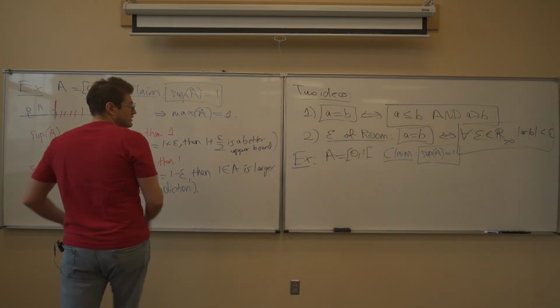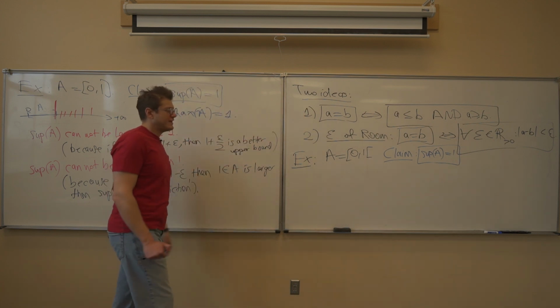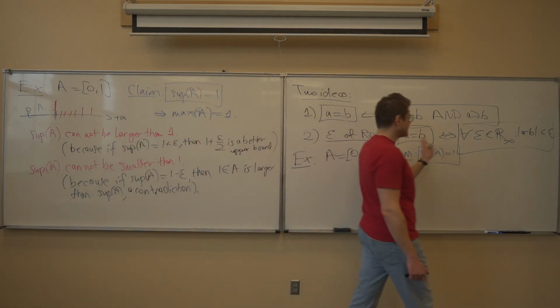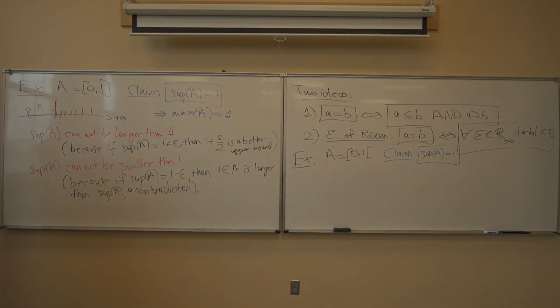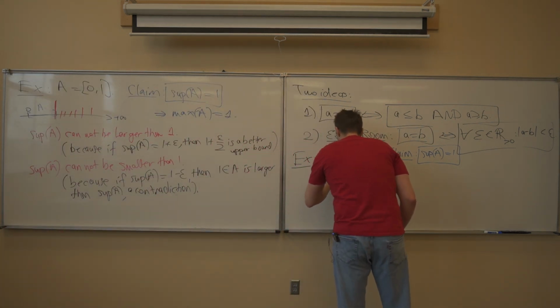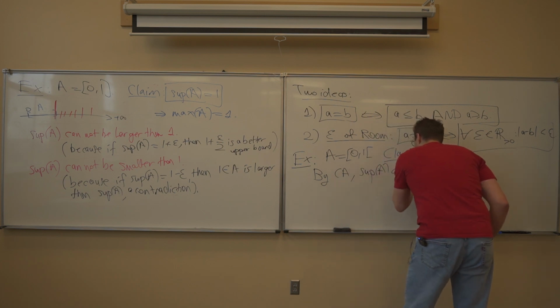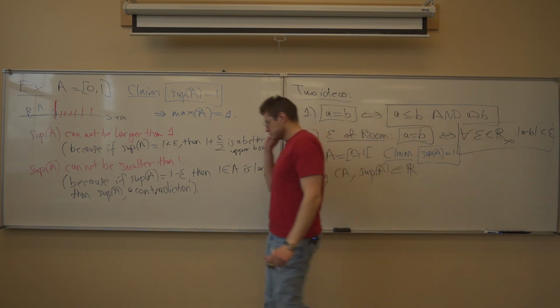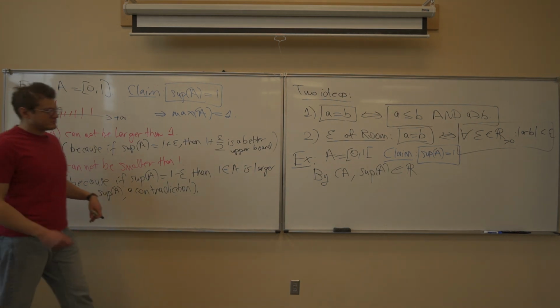Again, I'm going to use the first idea. I need to show that sup of A is bounded from above by 1, and 1 is bounded from above by sup of A. First of all, sup of A exists because it is a non-empty bounded set. By the completeness axiom, sup of A is a number that exists. It's a real number.